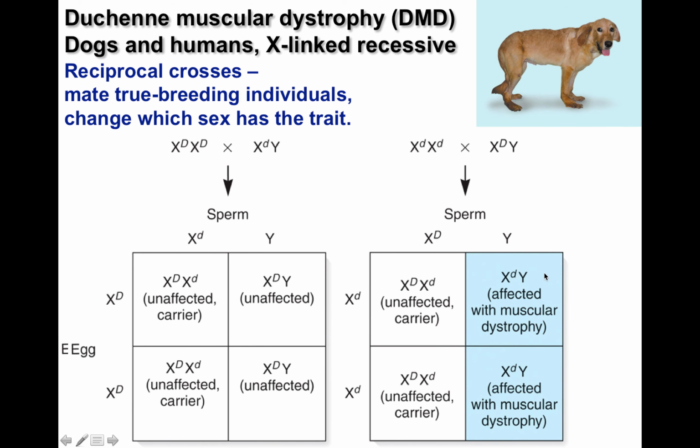So all of these sons will end up showing this trait. Now, what normally happens in human populations is that an unaffected carrier mates with a wild-type normal male. You should try and fill out the Punnett square to see what the outcome of that cross would be.